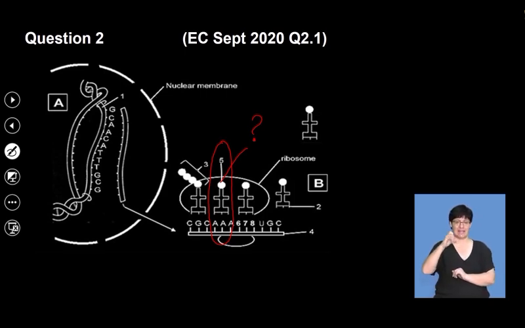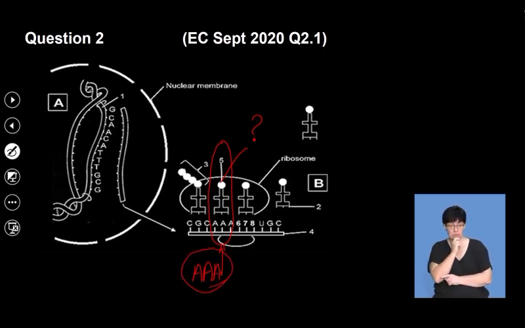When we look at this tRNA, it is complementary to a specific, in this case, codon, and that codon on the mRNA is AAA. Okay, so using this information, let's identify which amino acid is coded for by that tRNA.